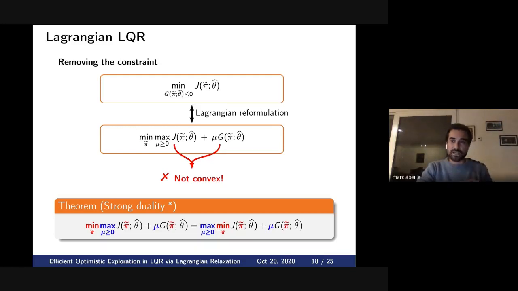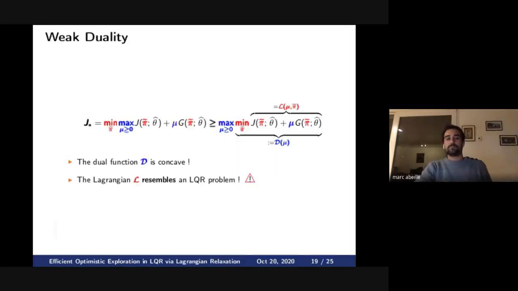If we look at the left-hand side of the equation, it really corresponds in a one-to-one mapping to the original constrained control problem. So the challenge lies in showing that the right-hand side can attain this value. Because by weak duality, we have that the inequality from left to right is always satisfied. So the optimal value for the extended constrained control problem is always greater than the dual function.